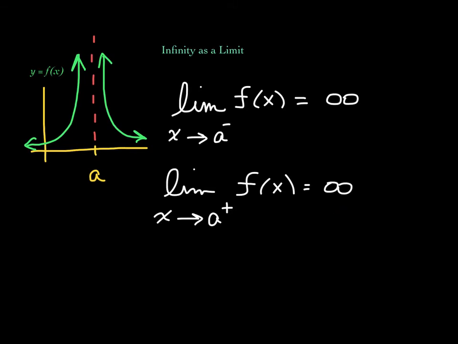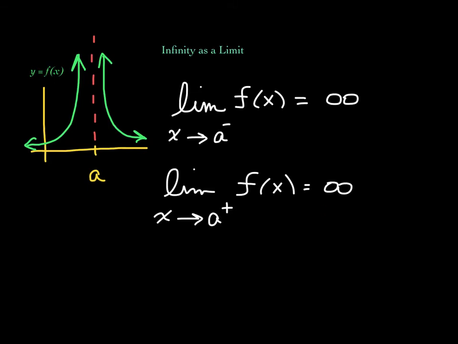So although we say that the limit of this function as x approaches a from the right equals infinity, the function does not have a right-hand limit, because remember, the limit has to be a real numbered value, and infinity is not a real number. So we only use this symbol, infinity, just to express the way in which the limit does not exist.